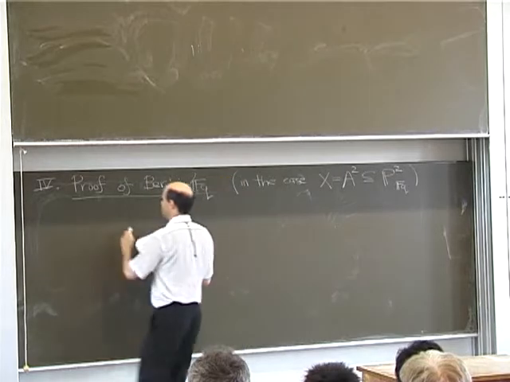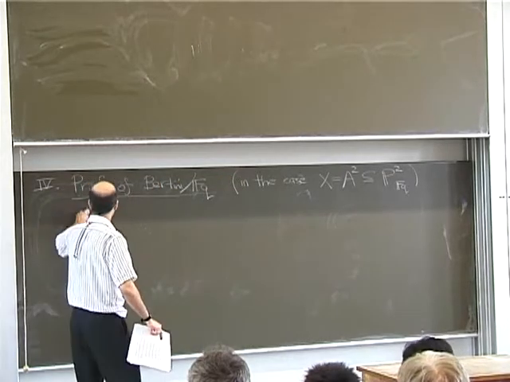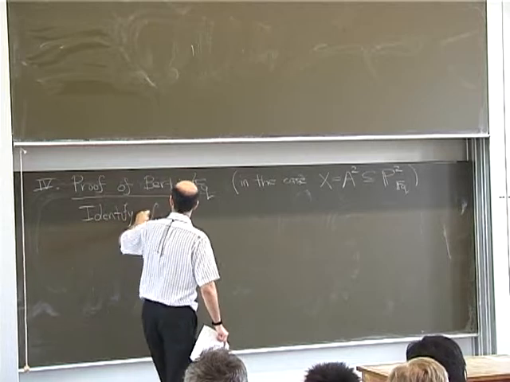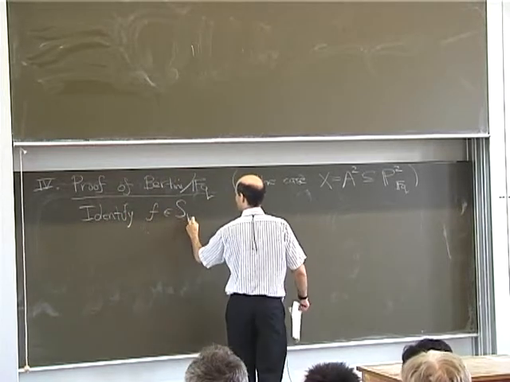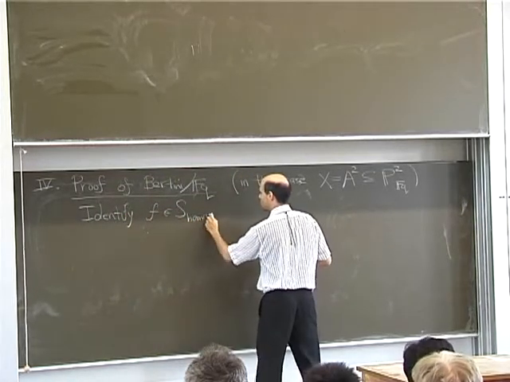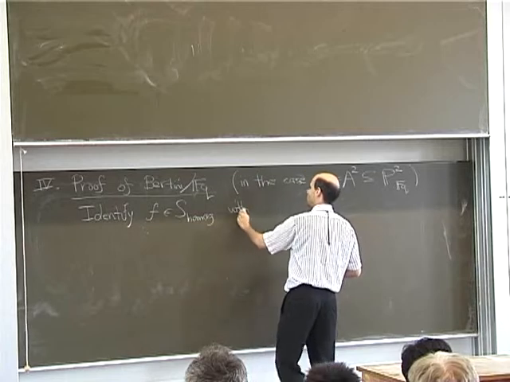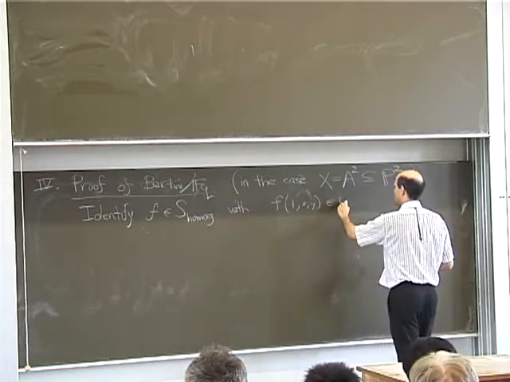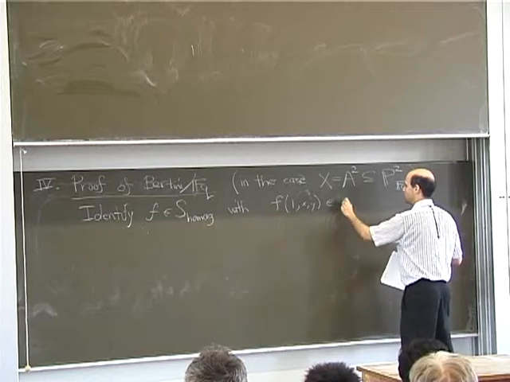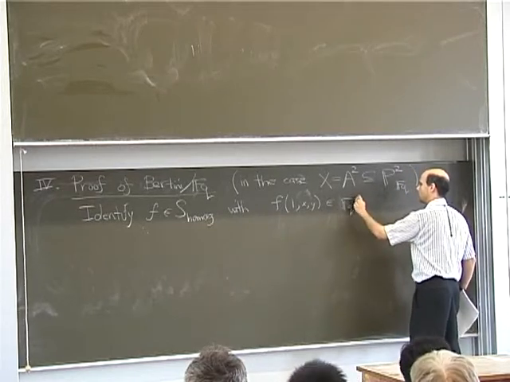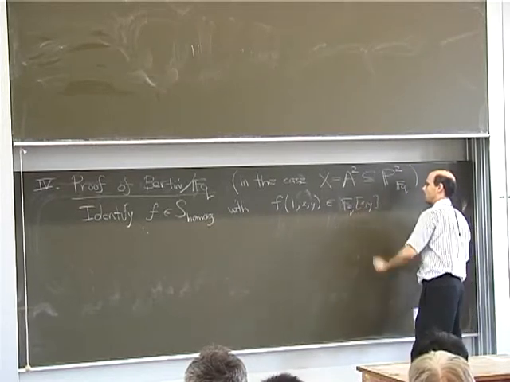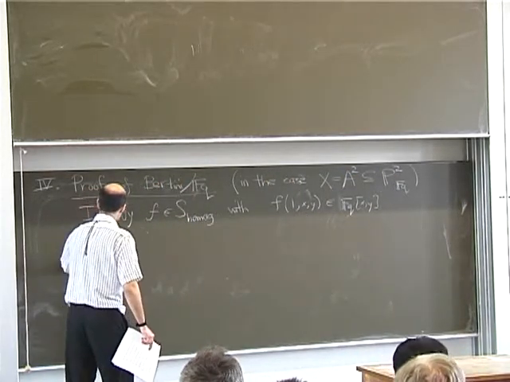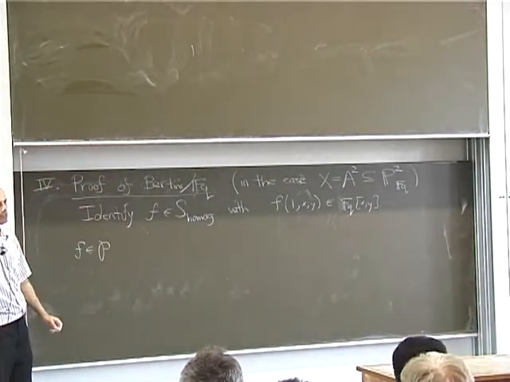Okay, and I'll identify every homogeneous polynomial with its dehomogenization, so f(x,y), which is now in F_q[x,y]. So now I'm really talking: the set P is really the set of f's that define a smooth affine curve.